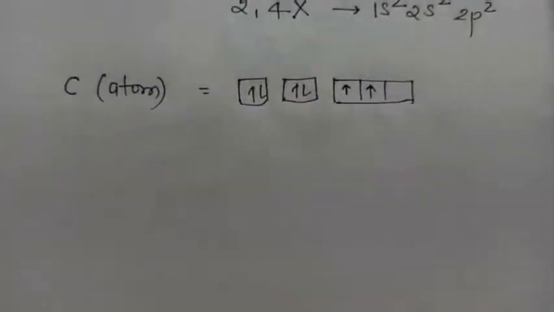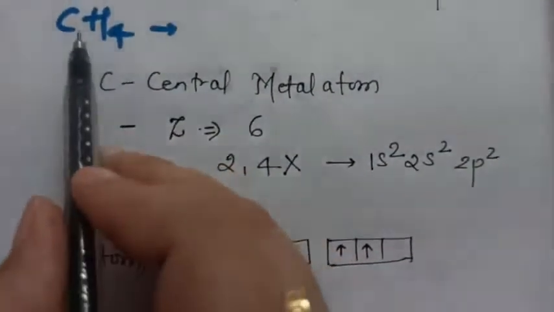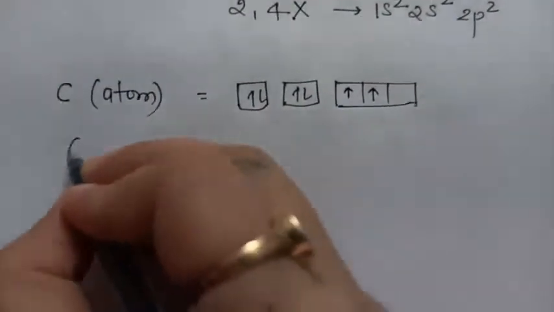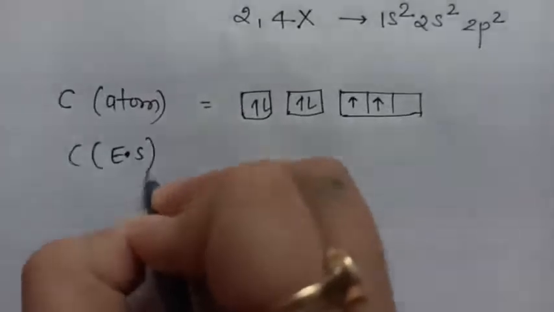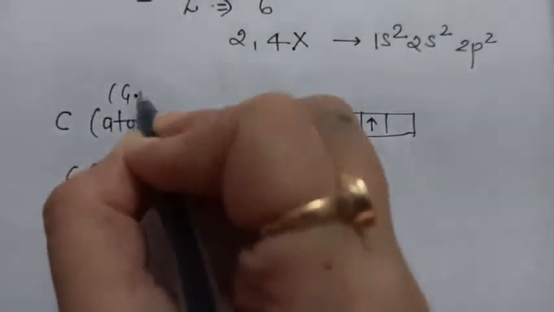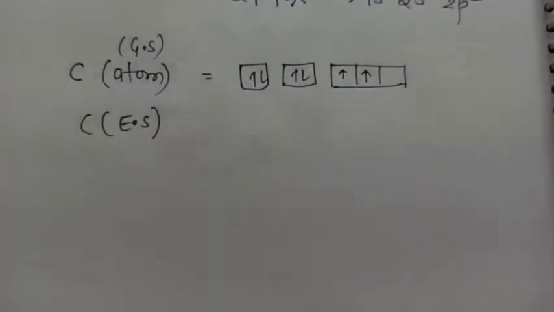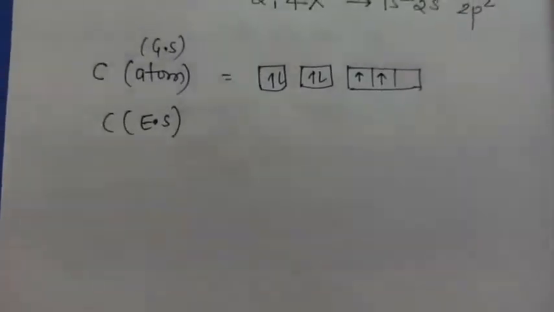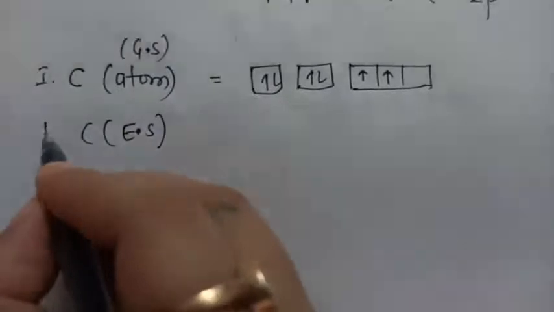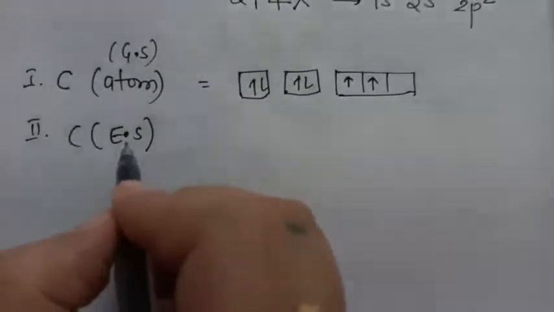Now, when carbon sees that 4 hydrogens are coming to make a bond with it, what does carbon do? It undergoes the excited state. So the previous step, in place of atom, you can also call carbon in the ground state. Ground state means when it has not reacted or made a bond with any other element. This was step number 1. Step number 2 is to write the electronic configuration with respect to the excited state.